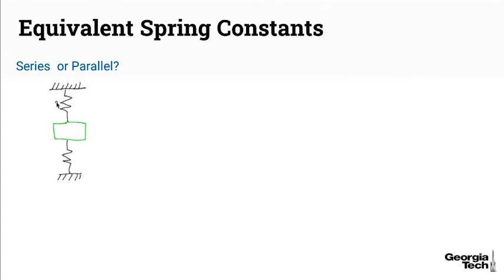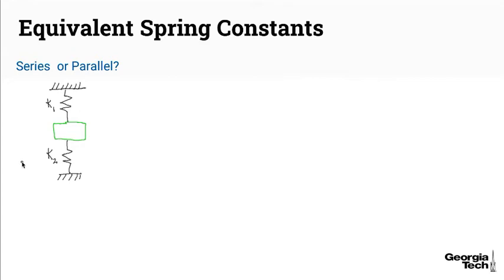And we'll call the spring constant for this upper spring K1 and the spring constant for the lower spring K2. And so I'd like you to pause the video now and try to tell me whether this system of springs are in series or in parallel. And then once you've figured it out, I'd like you to come back and we'll solve it together.